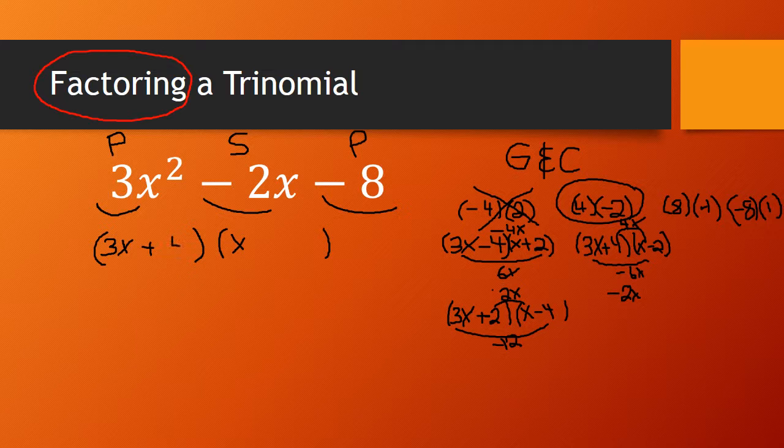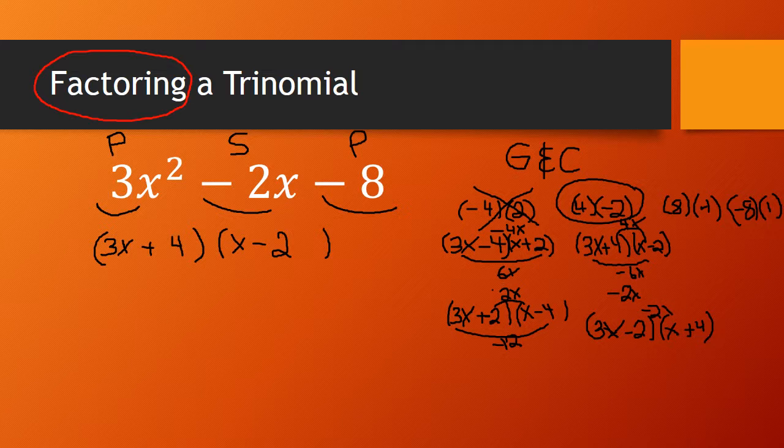So 4 is going to be with 3x, and negative 2 is going to be with x. If I switch them around, I'm not going to end up with the same trinomial. So let's take a look. If you switch 3x minus 2 instead of plus 4, and x plus 4, to see if it's going to give us the same trinomial. The inner product is negative 2 times x, which is negative 2x.